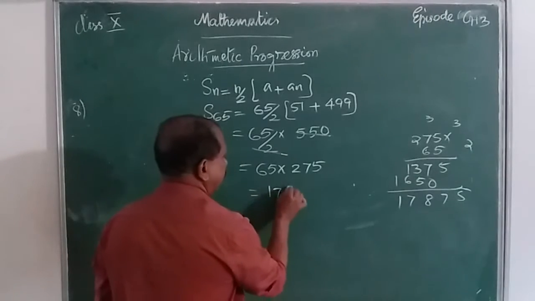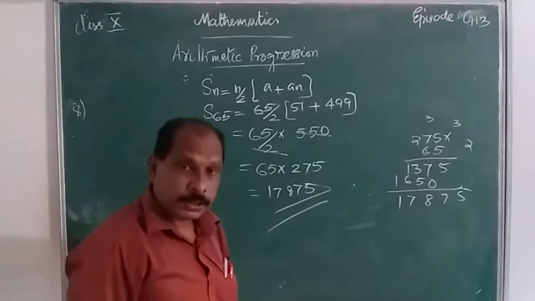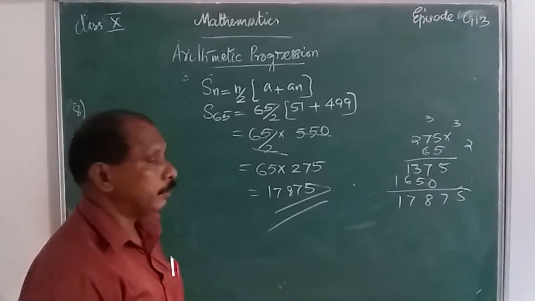That is equal to 17875. That is the sum of the terms between 50 and 500 which are divisible by 7 with remainder 2.